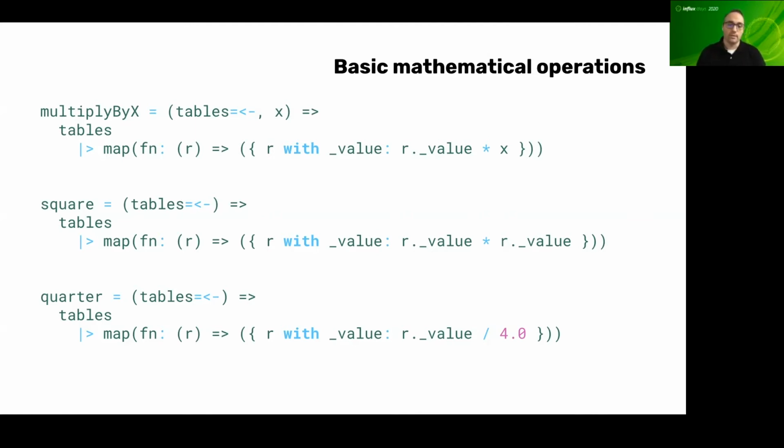Square does the same thing that we had shown before, where it takes the input tables, multiplies the values in the value column by themselves, and returns a table with those values. Quarter takes the value column and divides by 4, so it returns an output set of tables with all the values divided by 4.